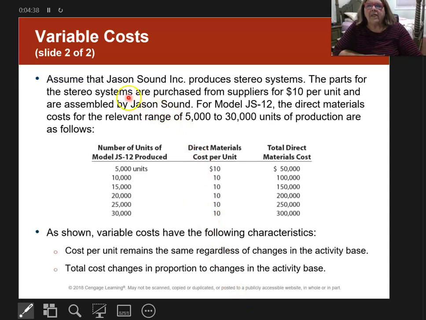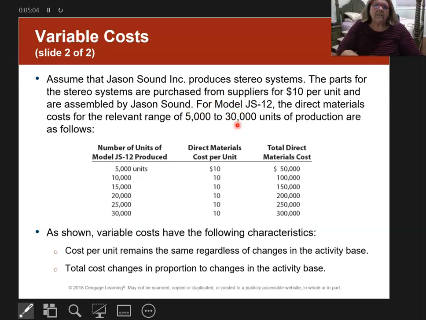So let me give you an example of a variable cost. Here, Jason Company is making stereo systems, and there's a part I need, but right now I buy it from my other suppliers for $10 for each unit, and then I assemble it into what I need. So the direct materials cost for the relevant range. We're going to look at the quantities of units produced as the relevant range. I'm going to look at what happens at 5,000 units, what happens at 30,000 units.